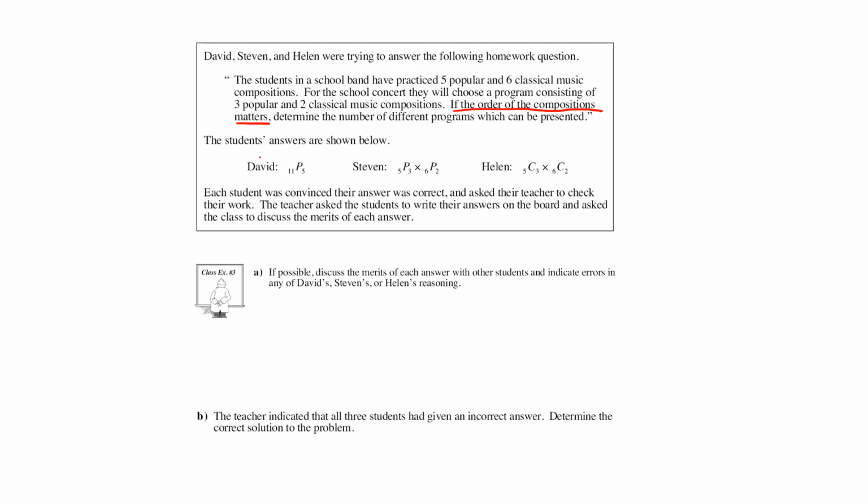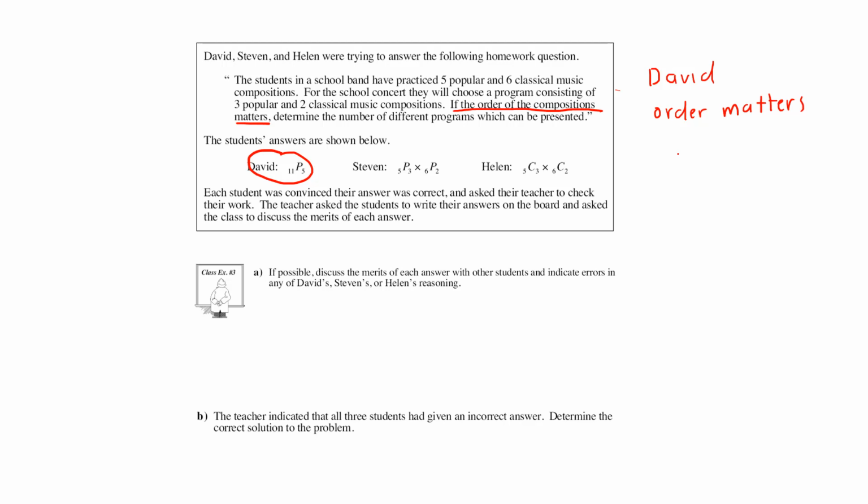Well, let's take a look at David's. David is saying 11 pick 5. To be favorable to David, we can say that he recognized that order matters, and that's why he selected permutations. However, he completely ignored the restriction on this question, which is that it has to be 3 popular and 2 classical.